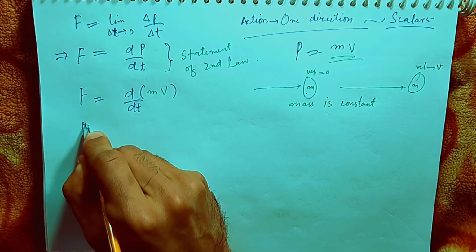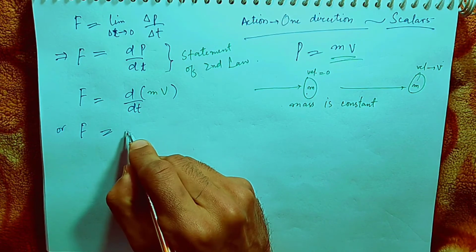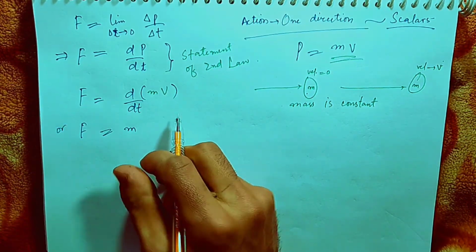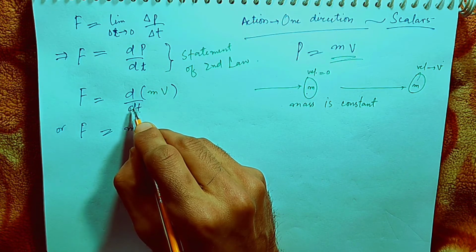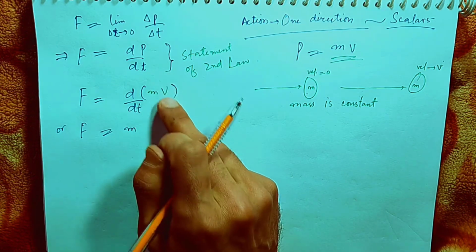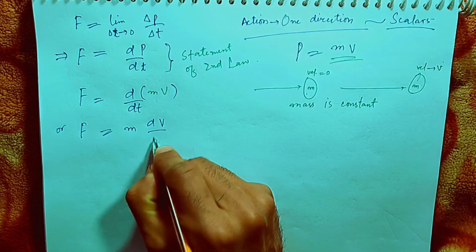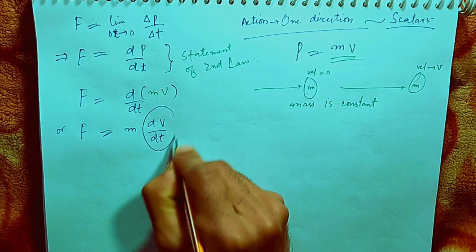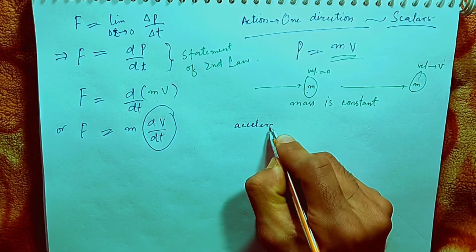So we can write it down with m constant, keep that outside. The differential coefficient will act only upon the velocity term here, so it will be represented by dv by dt. And we know this term, it is the acceleration. Simple.